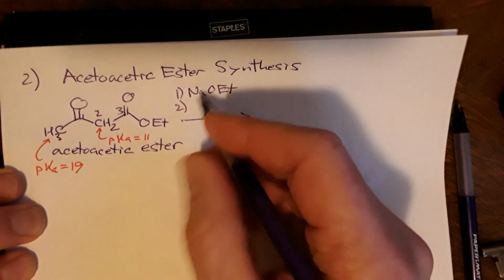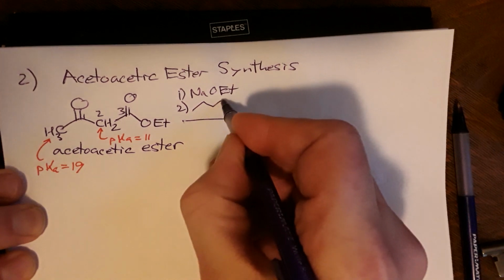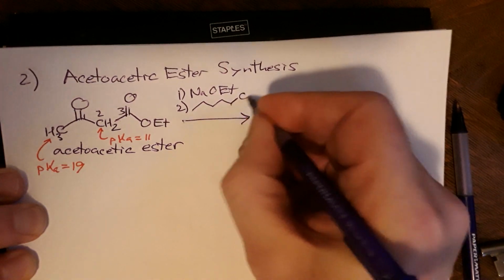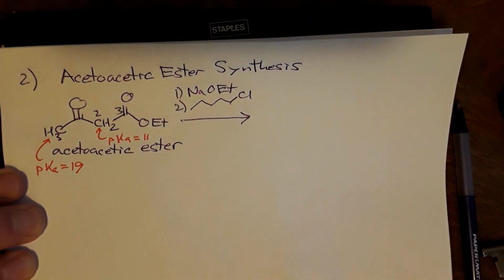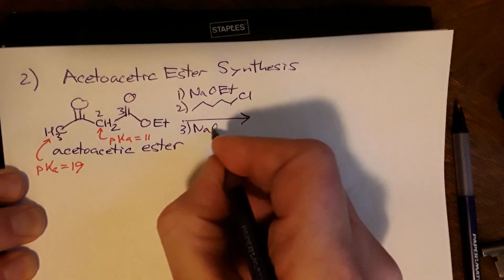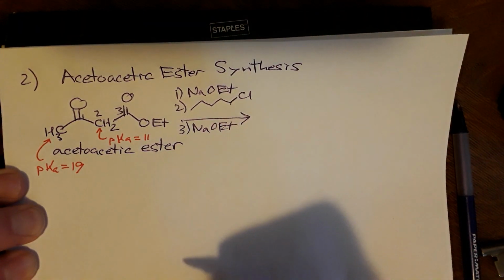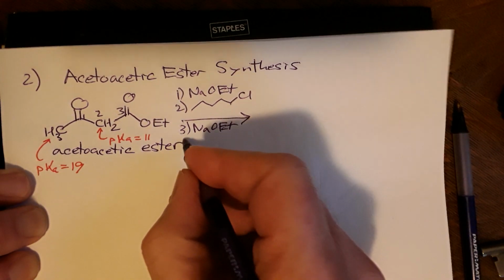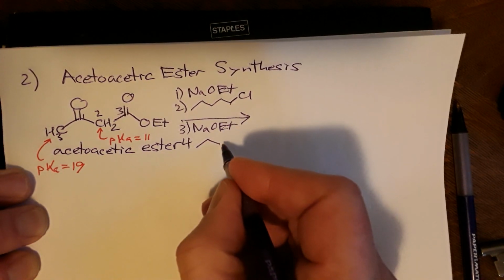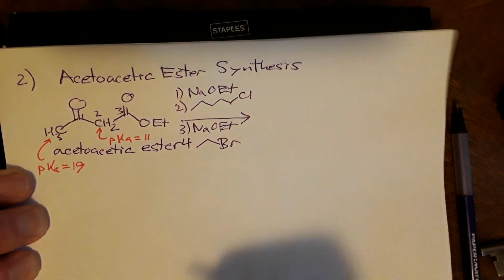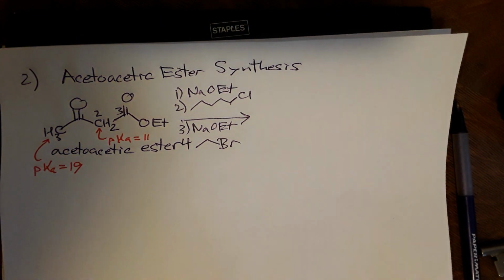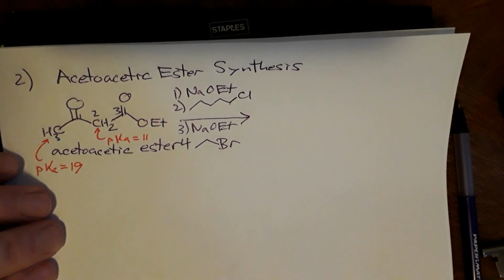So we will add a 1, 2, 3, 4, 5-carbon chain with chlorine on the end of it, and then we can deprotonate again and add another alkyl group. How about an ethyl group this time? Again, doesn't matter if we have a chlorine, bromine, or iodine on as a leaving group, that works.